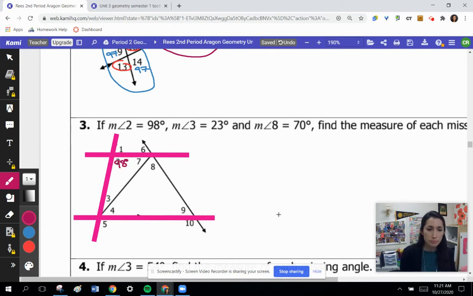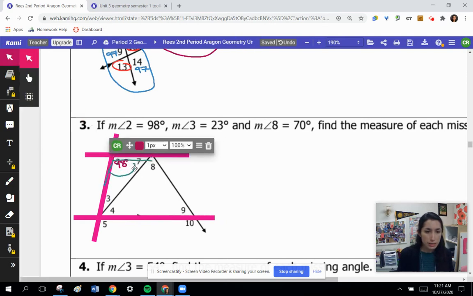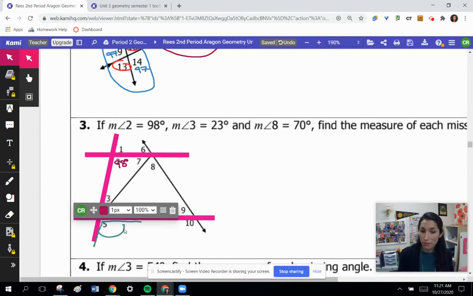Place that here. For angle 2, if I were to trace it here, let's pretend I've got my little virtual tracing paper. If I were to take that and slide it on the transversal here, that would be the same as angle 5. Okay, so I should be able to place 98 degrees in for angle 5.